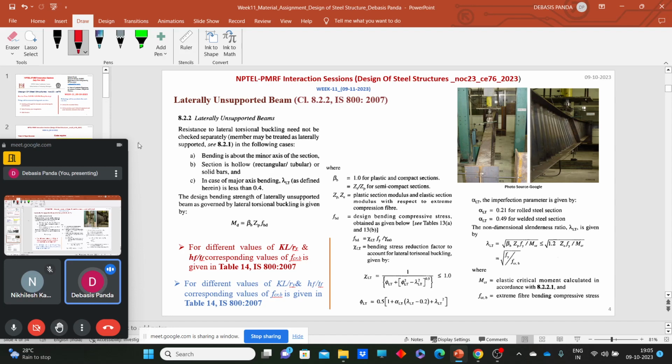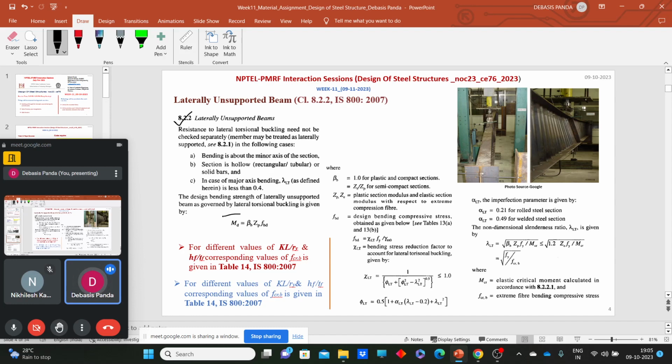For laterally supported cases, we have seen that first we need to find out whether the section we are designing is under low shear or high shear, and accordingly, as per IS 800, we can calculate the design bending strength. For the laterally unsupported beam, clause 8.2.2 gives the expression for design bending strength.